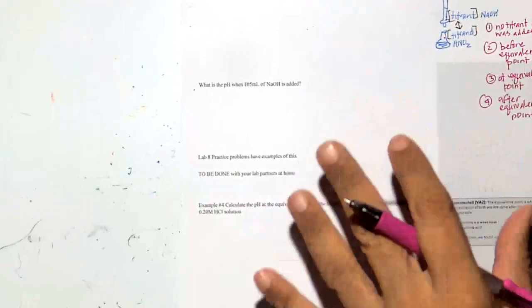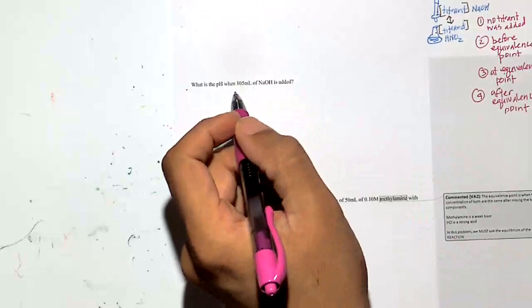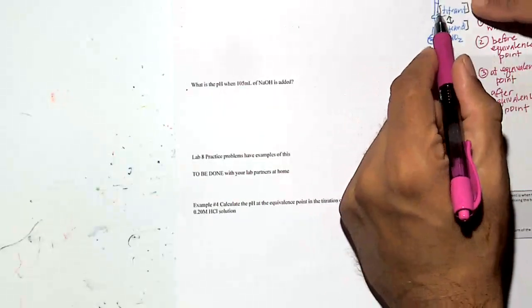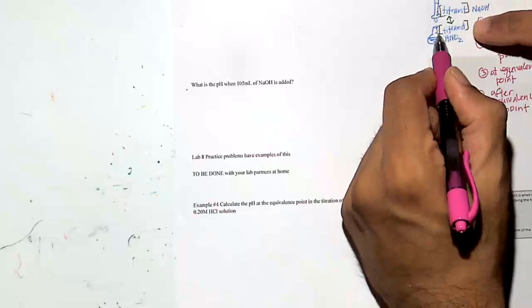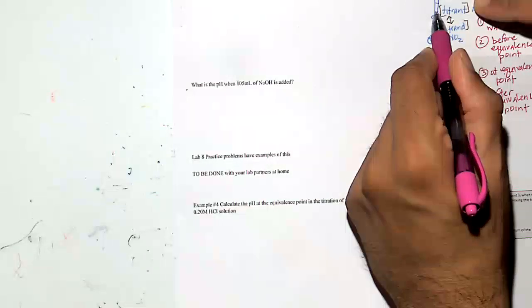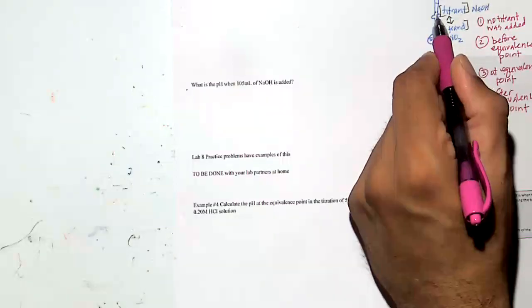All right, so let's do a problem where we add enough NaOH, where what is in excess now? At the equivalence point, the titrant is equal to titrand, but after the equivalence point, what's in excess? What do you have more of? Titrant. Titrant you have more of, okay?